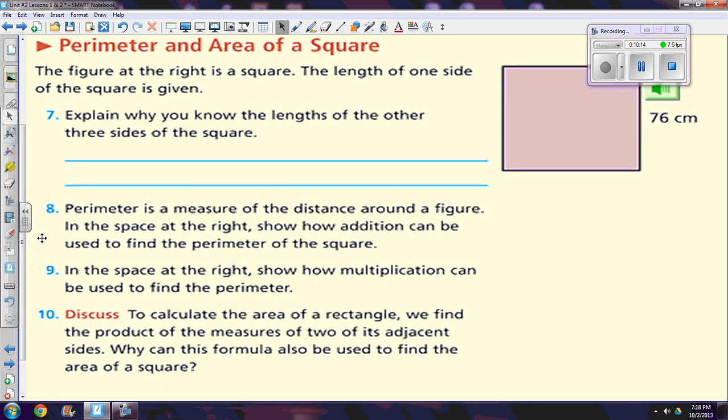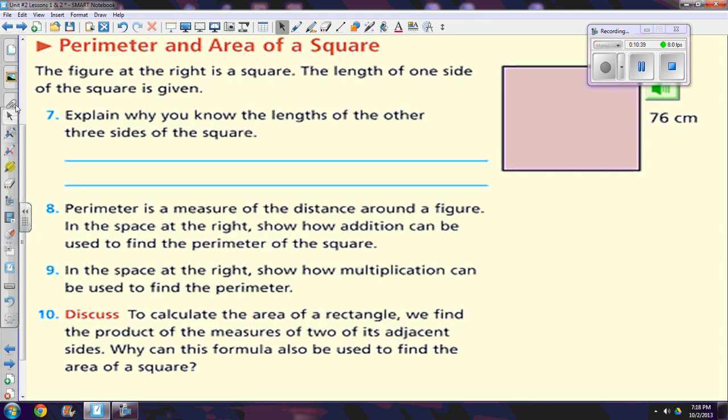In the space at the right, show how addition can be used to find the perimeter of this square. In number 9, show how multiplication can be used to find the perimeter. And in number 10, to calculate the area of a rectangle, we find the product of the measures of two of its adjacent sides. Why can this formula also be used to find the area of a square?